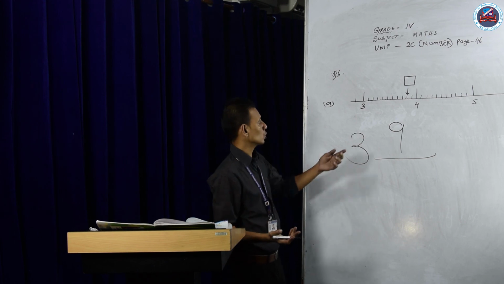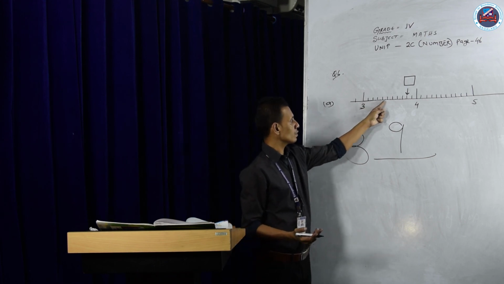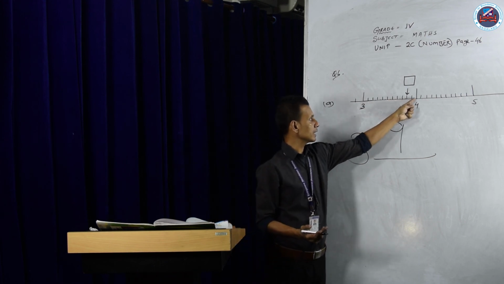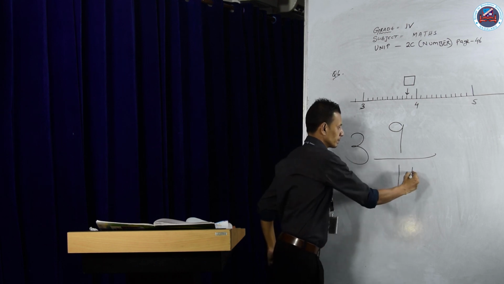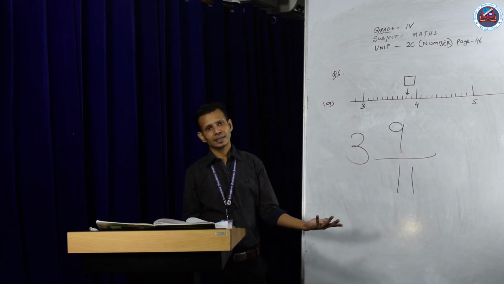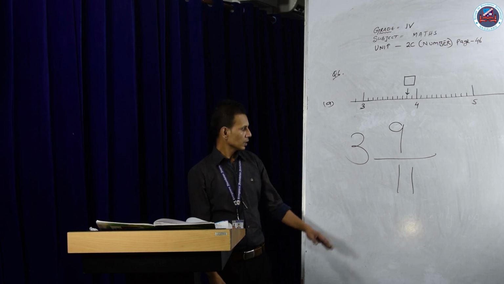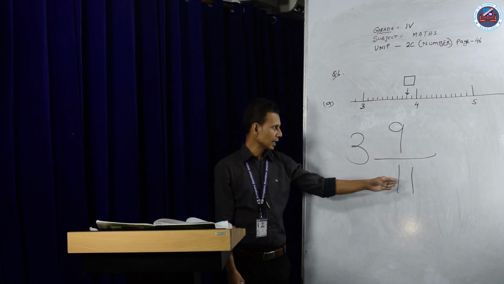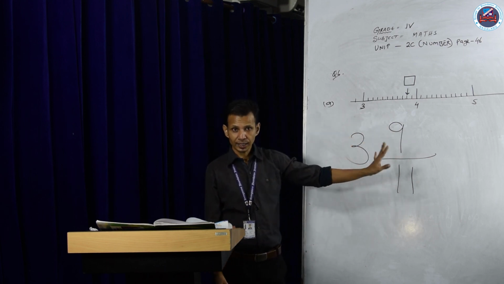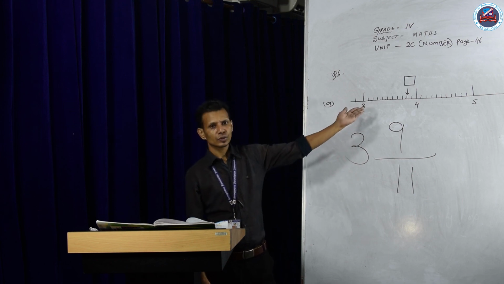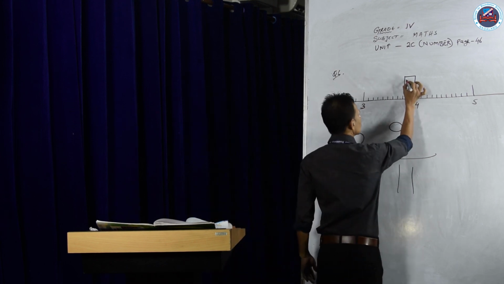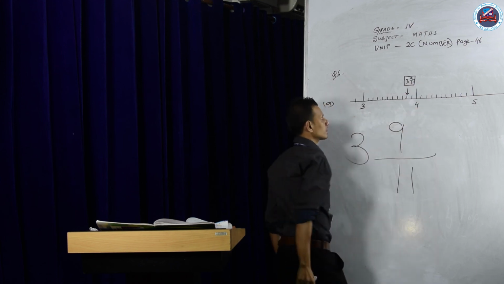Out of a total of 1, 2, 3, 4, 5, 6, 7, 8, 9, 10, 11. That's it. 3, 9 by 11. This is a mixed fraction, right? So your answer here is 3, 9 by 11.